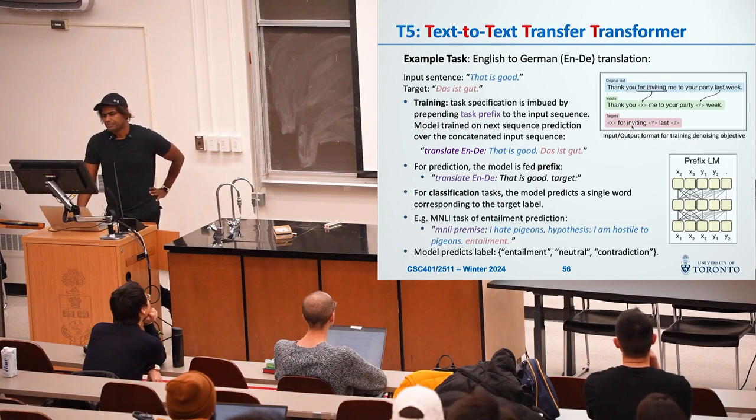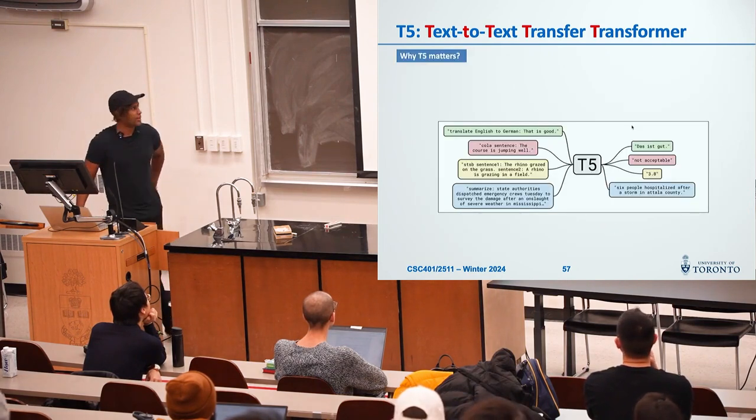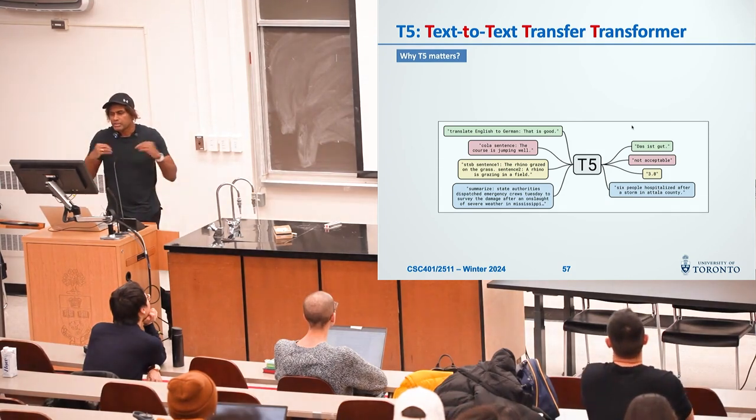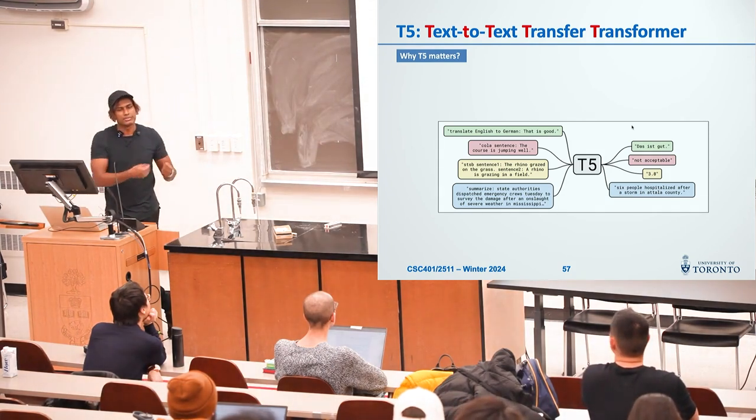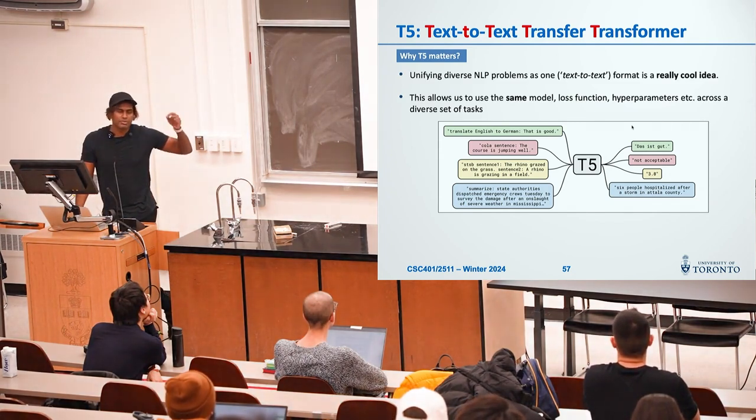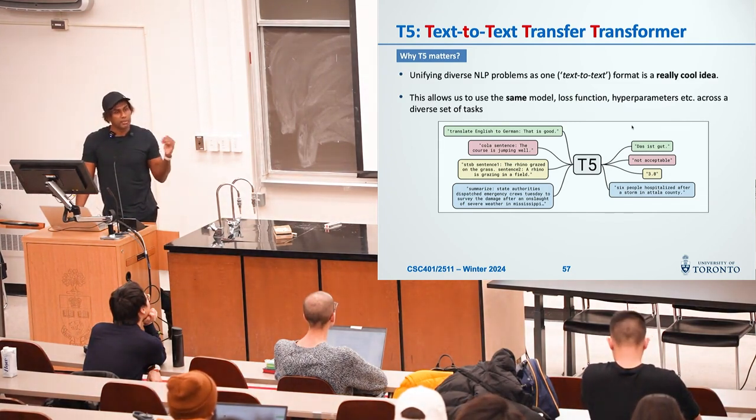Yeah, so why T5 mattered? Because you can do a slew of tasks by just using text prefixing or prompting, right? So you're seeing the idea of prompting that we're going to segue into here.